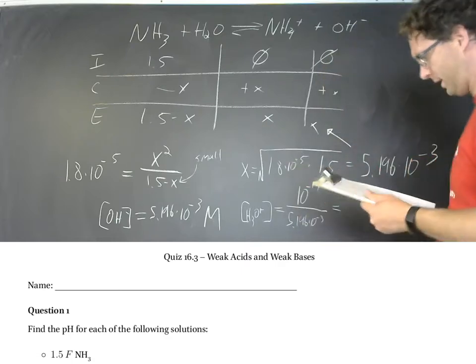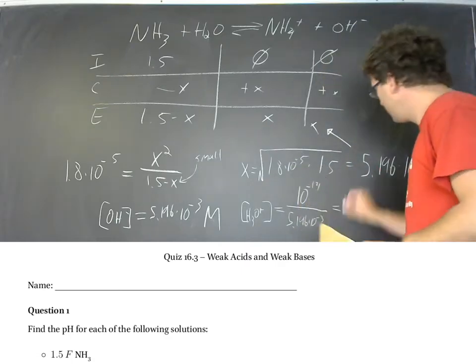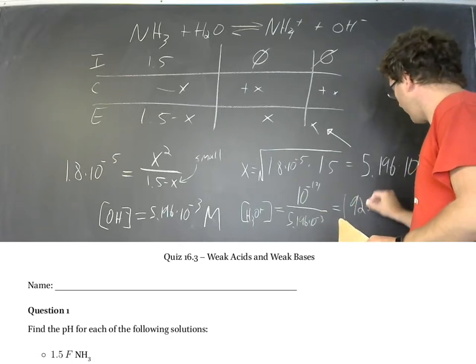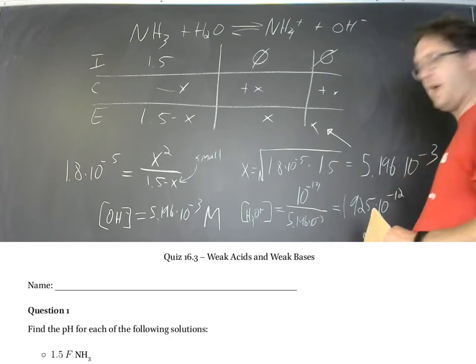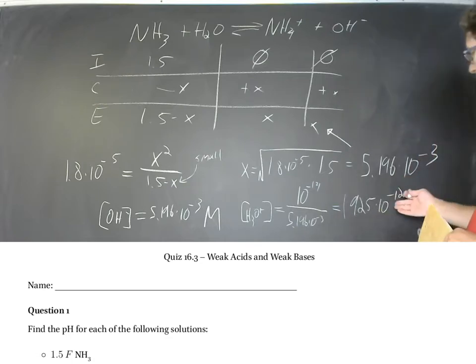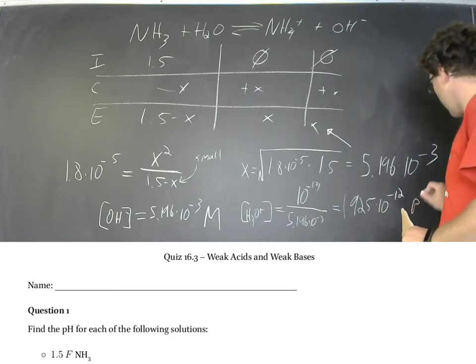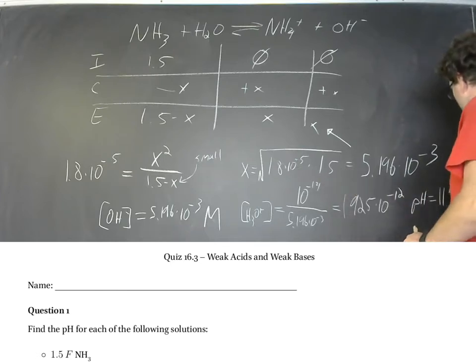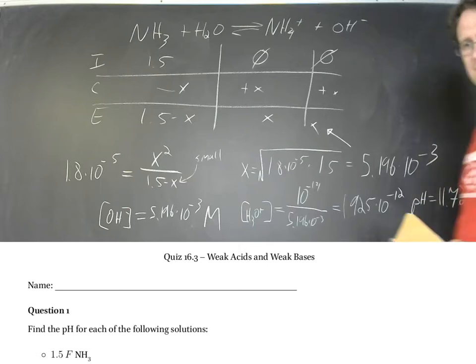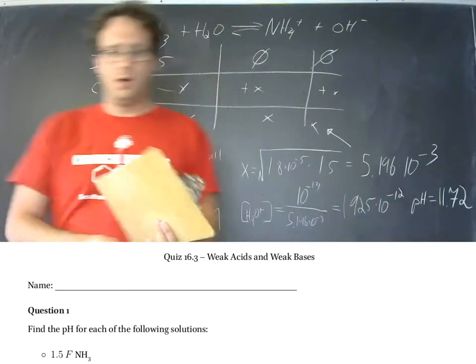And so that's going to give us 1.925 times 10 to the negative 12th. And then we'll take the negative log of that to get our pH. In the end, we get a pH equal to 11.72. Okay?